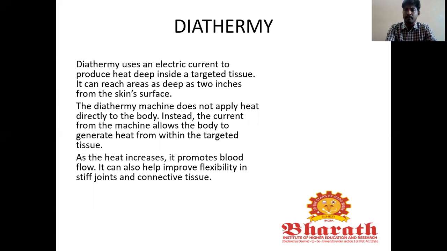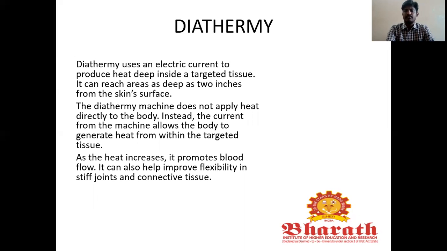Wherever we are getting pain, we attach small pads. With the help of the pads, we can insert heat into the targeted tissue. The diathermy machine does not apply heat directly to the body.